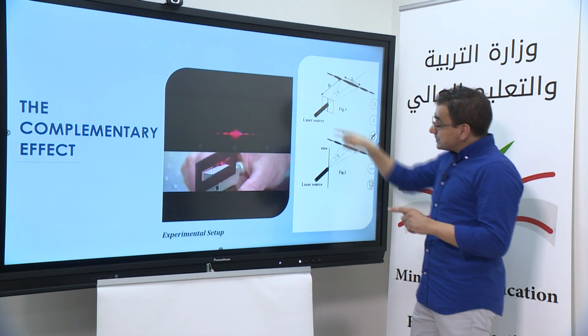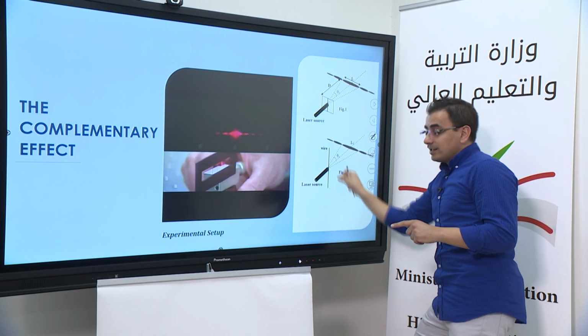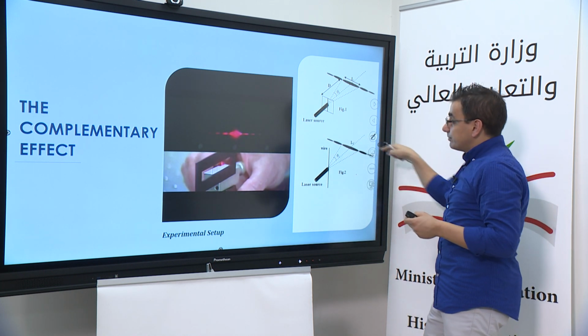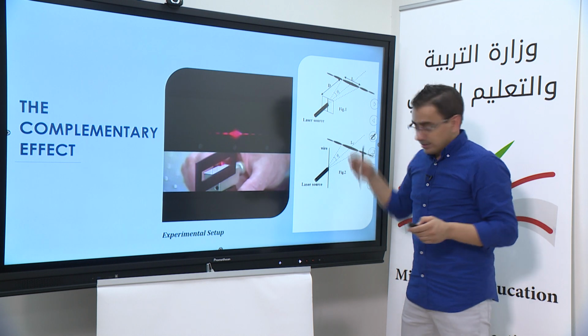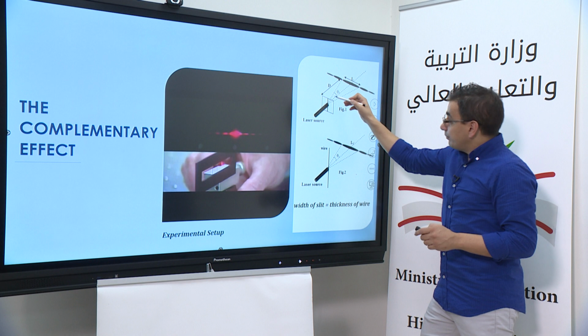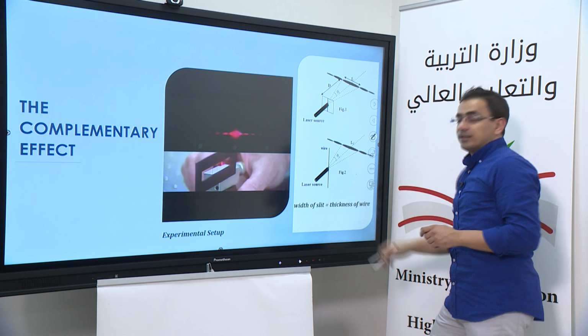بالمقابل نفس الليزر استعملنا ضوينا على خيط على شريط a wire. Now كمان we observed diffraction at a certain distance away from the wire. Over here إذا عندي the width of the slit equal the thickness of the wire.